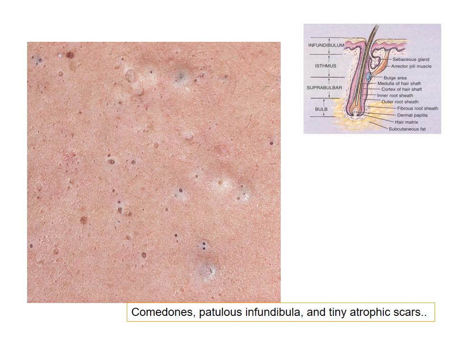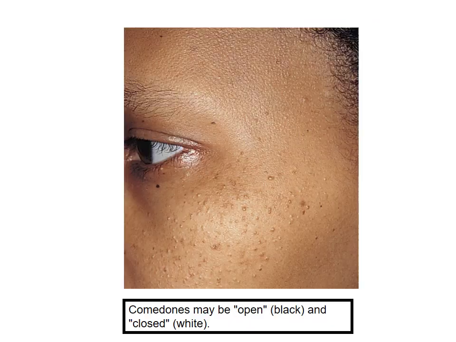As you see here, some comedones black and white, and here you can see tiny atrophic scars. Here are comedones, open blackheads and closed whiteheads.